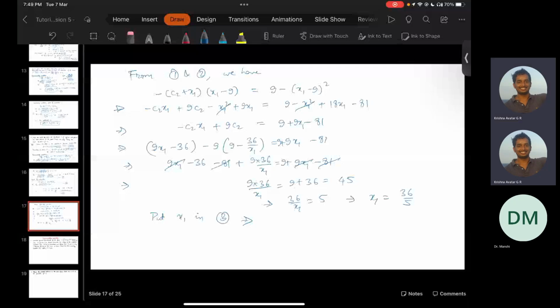So we clearly notice from the boundary conditions that both endpoints x naught, x1 are fixed, as well as y of x naught and y of x1 are also fixed. So this very much simplifies our problem.